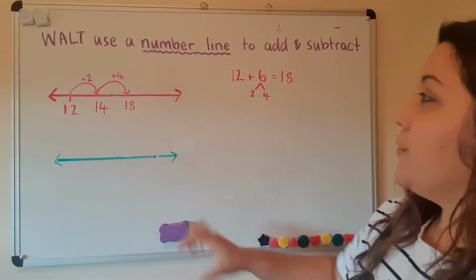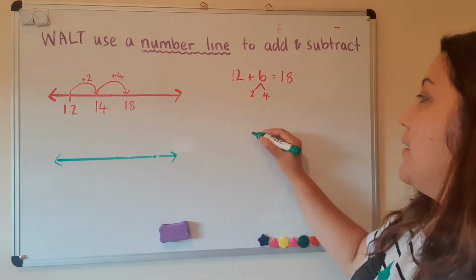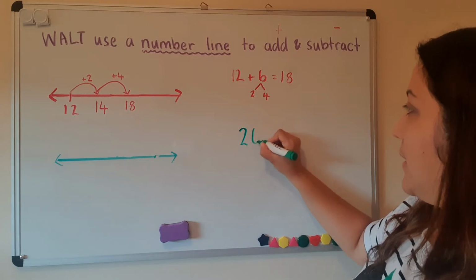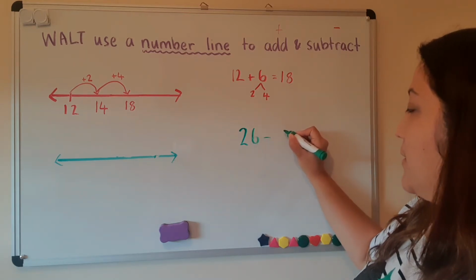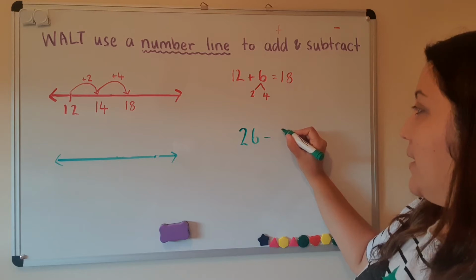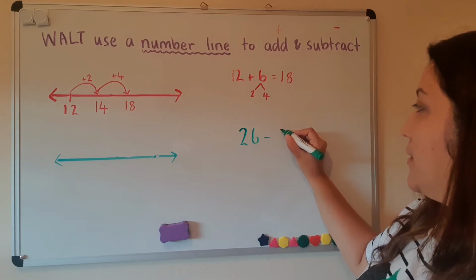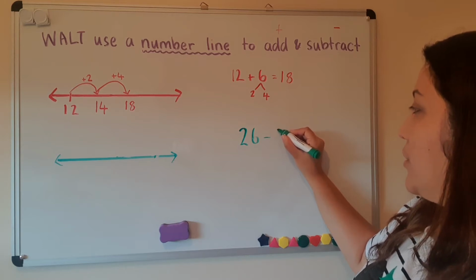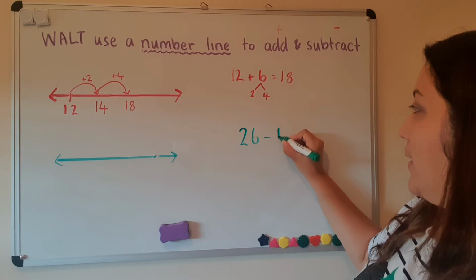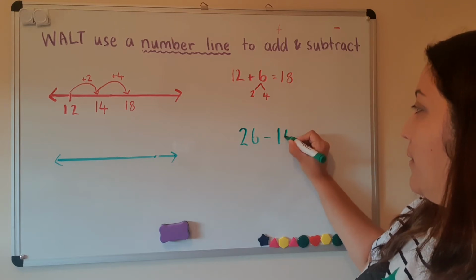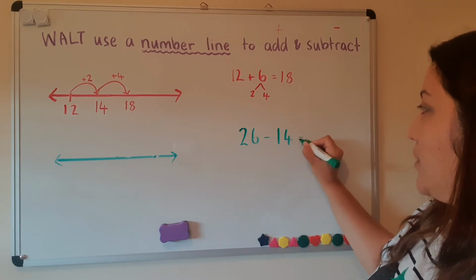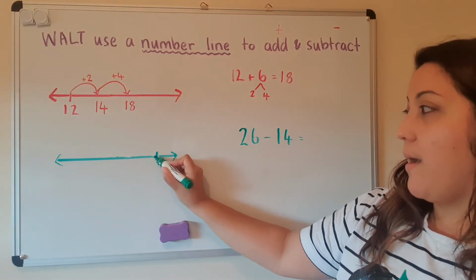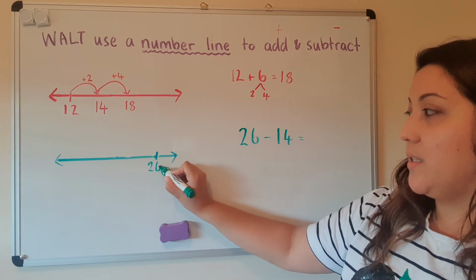I'm going to write 26 minus 14. So I have got a two-digit number, and I know I need to always start with my biggest number when I'm subtracting on this side.